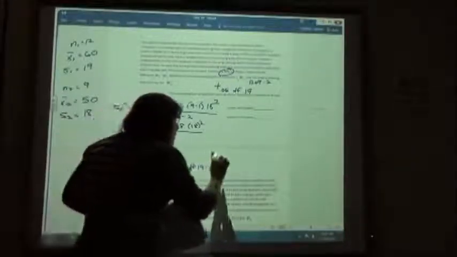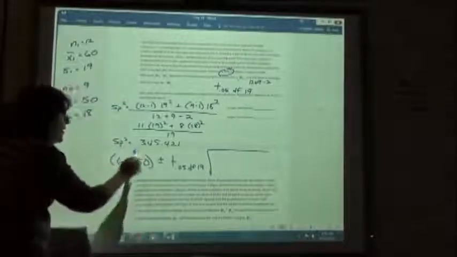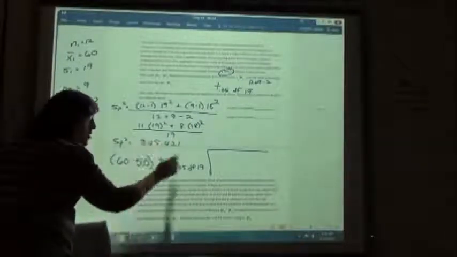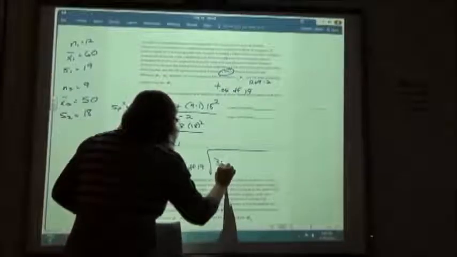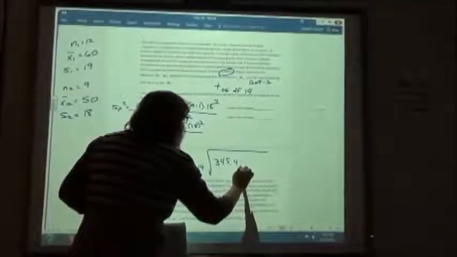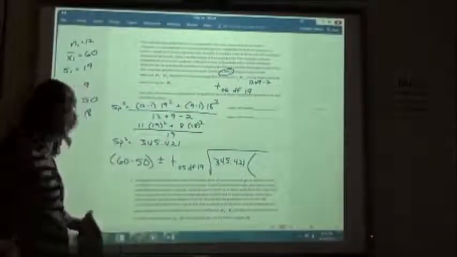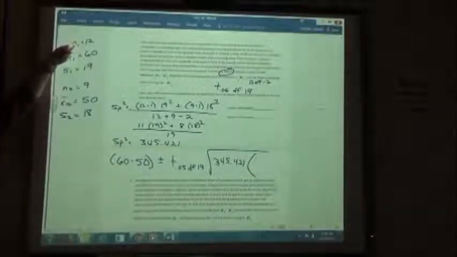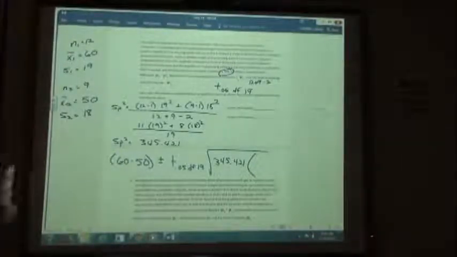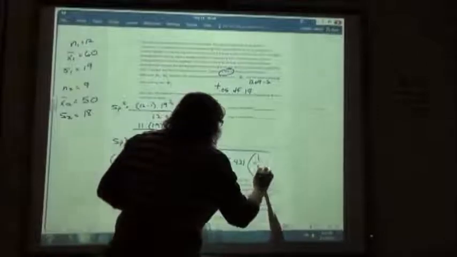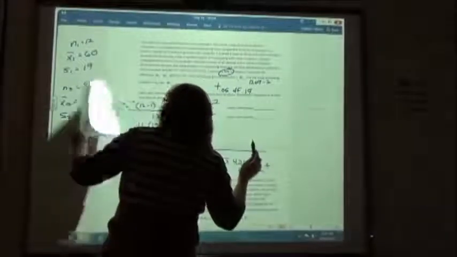And then we're going to do our square root. Under our square root, the number that we found goes first, 345.421. And then in parentheses, 1 over our n value plus 1 over our other n value. So 1 over 12 plus 1 over 9.